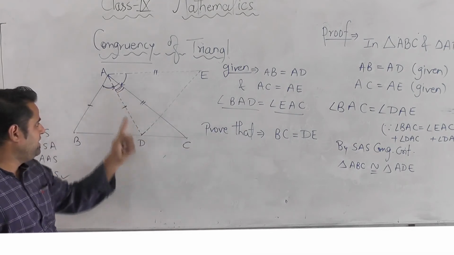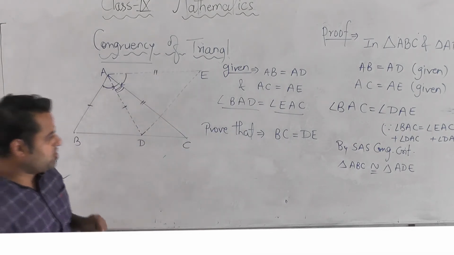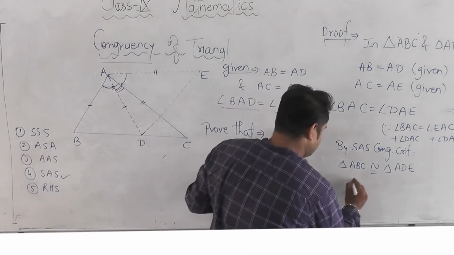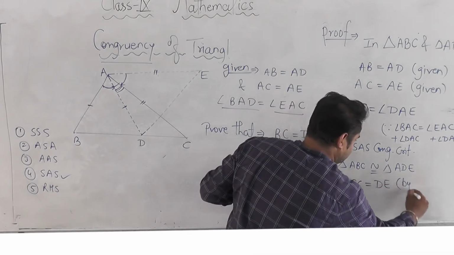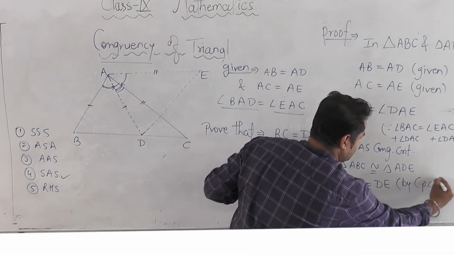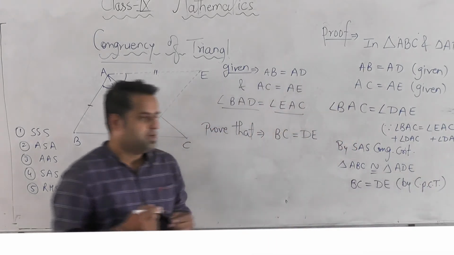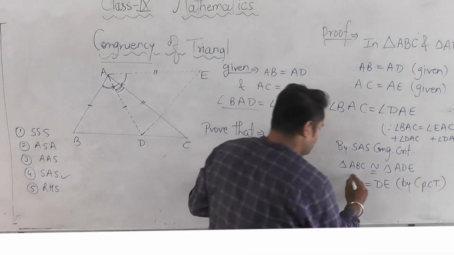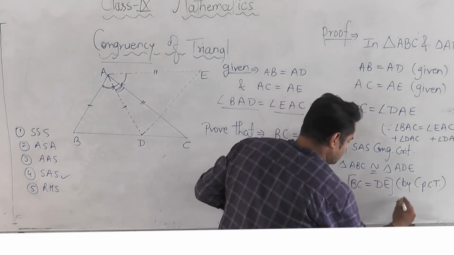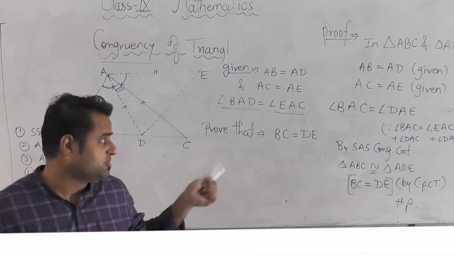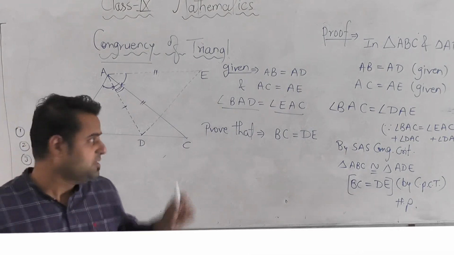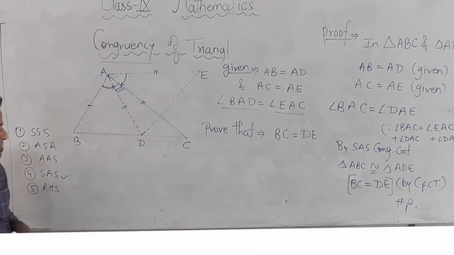ABC and ADE are congruent, so we can say that BC and DE are equal by CPCT. Okay, that's how we show BC and DE equal. That is hence proved. This is how you need to do this kind of question, by applying the property. Again, the same property happens, side angle side.